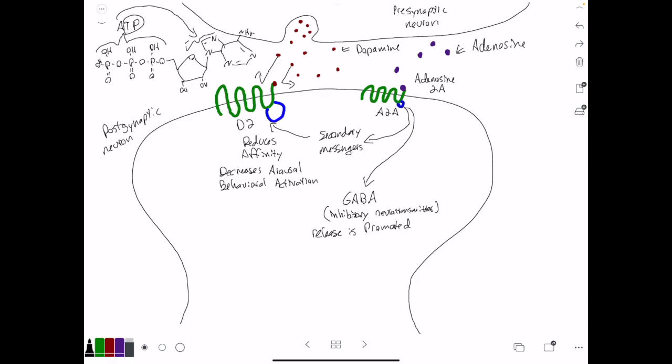And I want to introduce yet a third receptor here, and we'll put it right over here. And this is another metabotropic receptor. This is the A1 receptor. Adenosine 1 receptor, right?